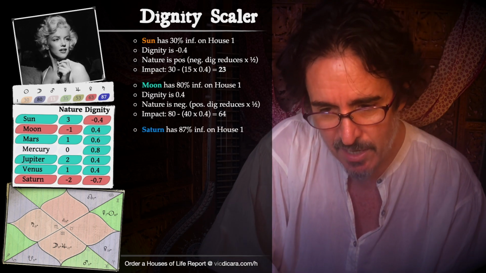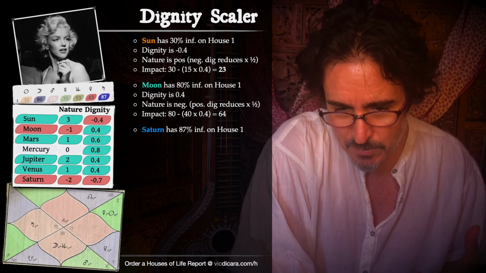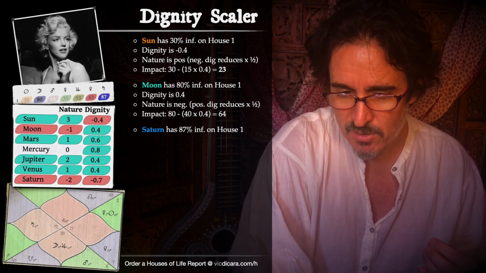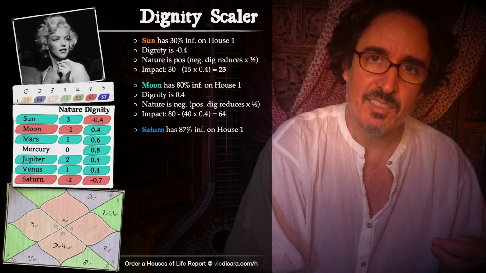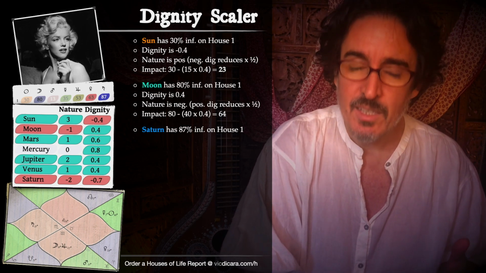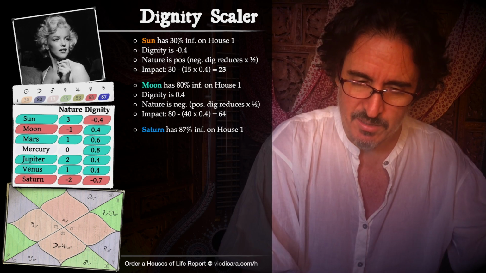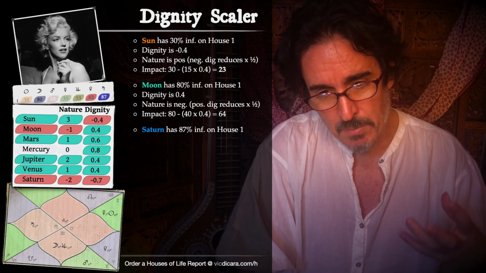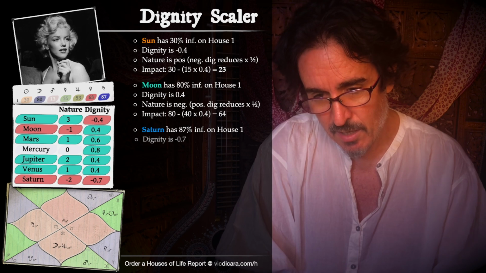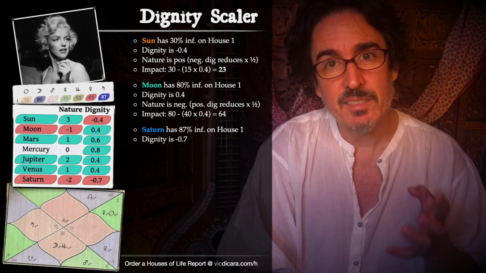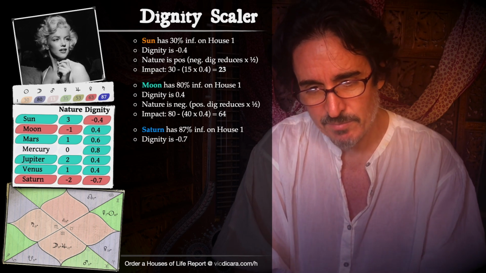Now let's look at this for Saturn. Saturn has 87% impact on the first house. Why is that? Because it's nearly exactly square to the ascendant. And Saturn has 100% impact on the far square, 270 degrees. So a big 87% influence, and a very dramatic -0.7 dignity.